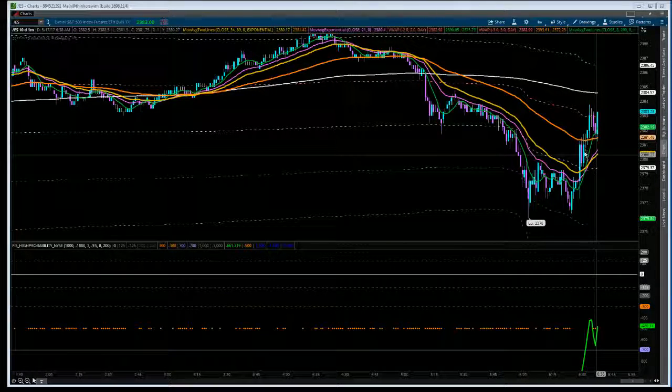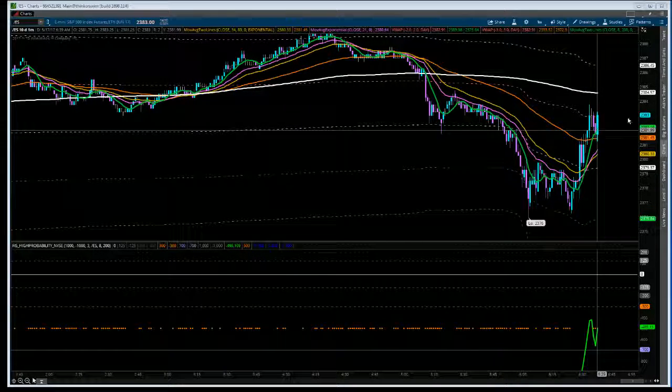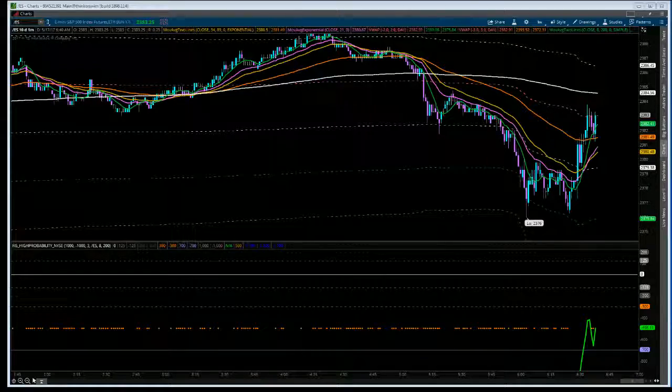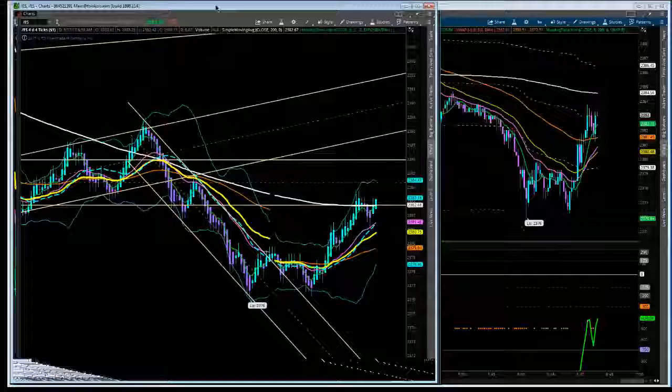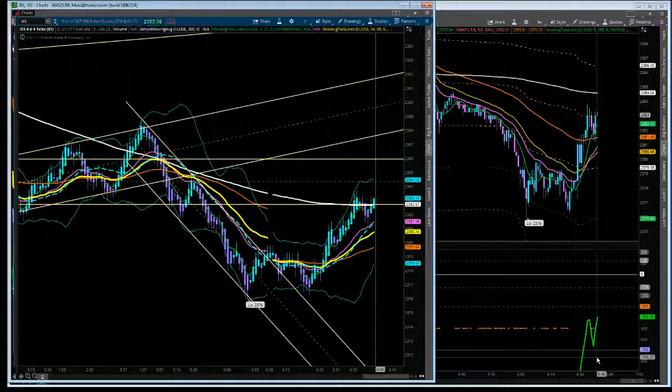Now, it'll move down faster most of the time than it will move up. But as it's coming up, I'm also watching this market engine. The market engine here is an indicator I developed. It's basically averaging the range of movement of the upsells and the downsells of stocks on the market.